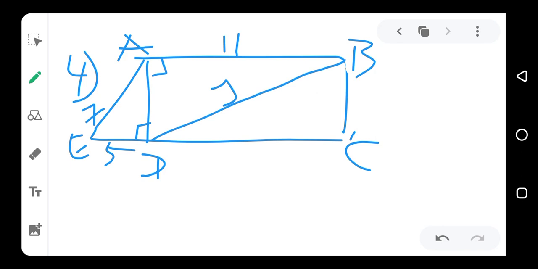We have triangle ABC, it is a right angle triangle. Triangle ABD is a right angle triangle.